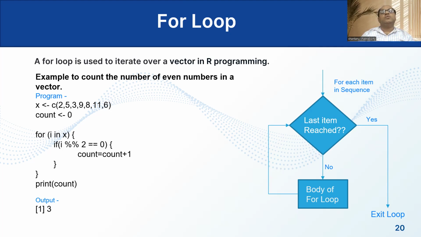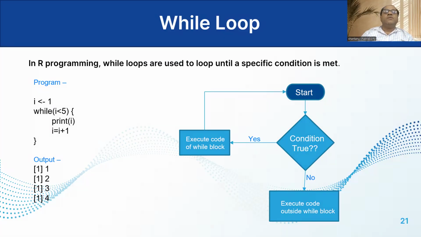To do that, we iterate one by one over the different elements in that vector. If it encounters an even element, the counter is incremented by 1 and then it displays the count. This is a while loop where the while condition is checked, and in the body of the loop, we are printing the value of i as 1 and the value of i is incremented by 1.